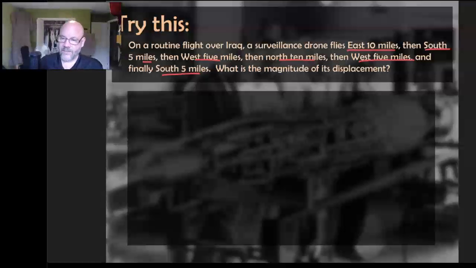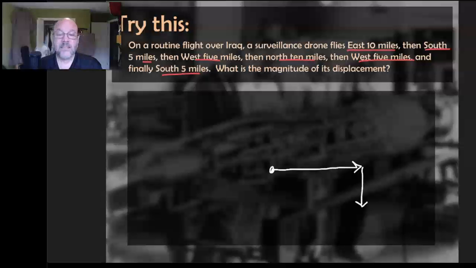So I don't have any marks. I don't really know how far 10 is, so I'll just do it in a relative way. I'll start here. I'm going to go that far and say that represents 10 units. I went to the right, so that's east. Now I have to go south 5 miles, so I'm going to go about half of what I just drew.